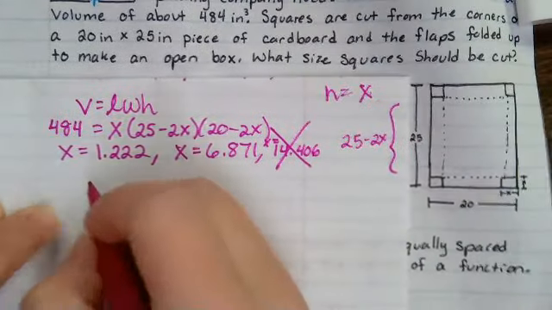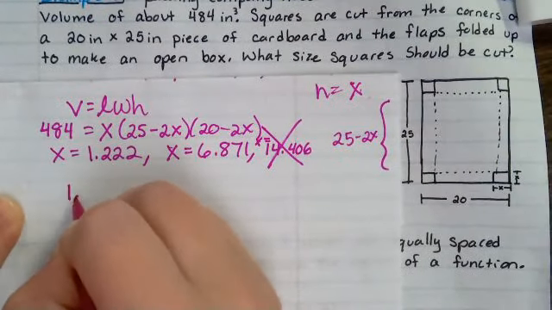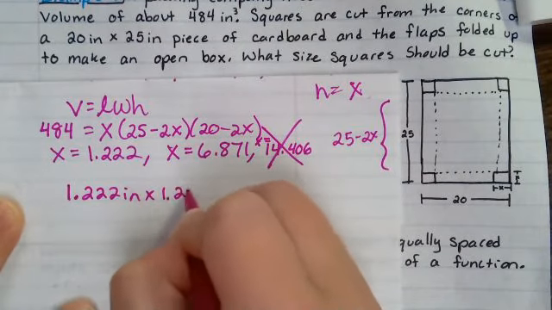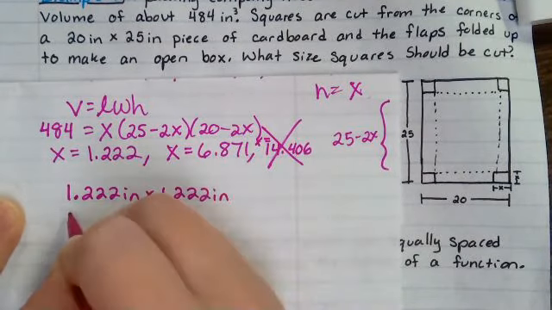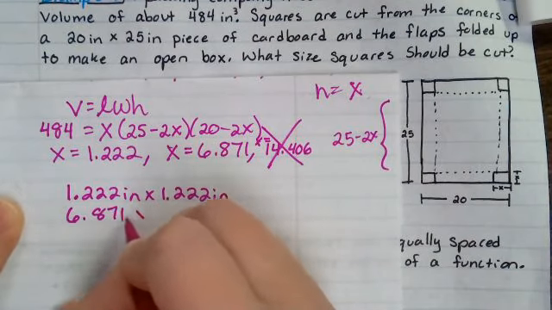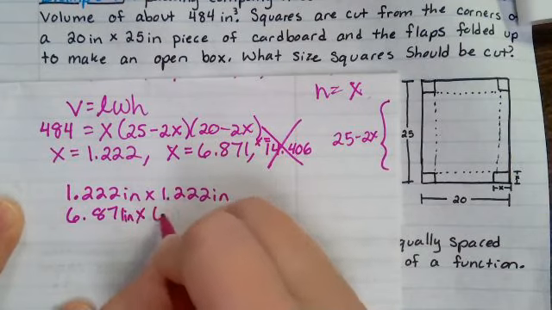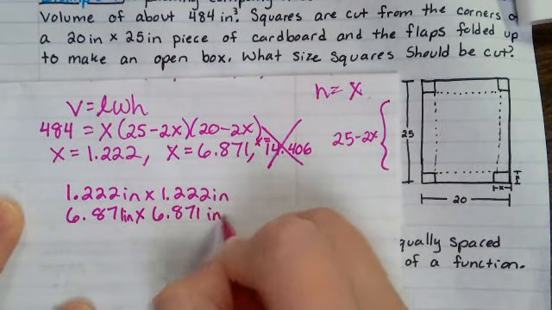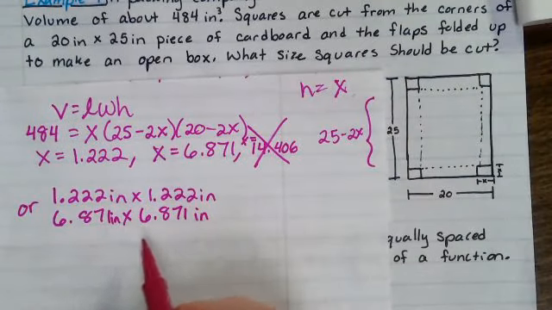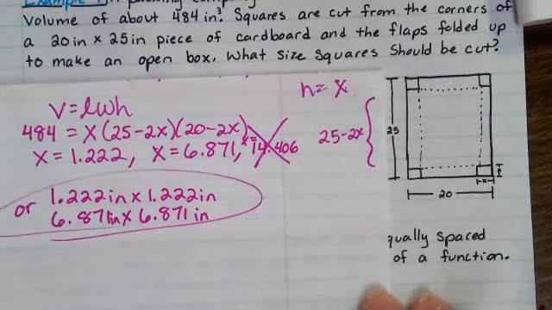One option is we could have these squares be 1.222 inches by 1.222 inches, or it could be 6.871 inches by 6.871 inches. You get two different possible sizes for those x values, okay?